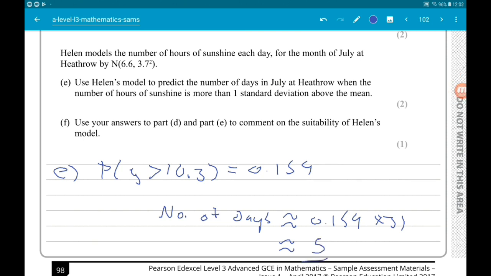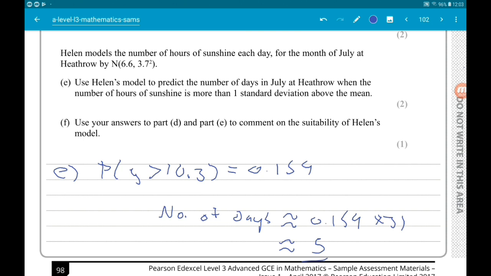Okay, then part F, the final part, we want to use our answers to D and E to comment on the suitability of Alan's model. So, we worked it out as 7 days. Alan's model has worked it out as 5 days.